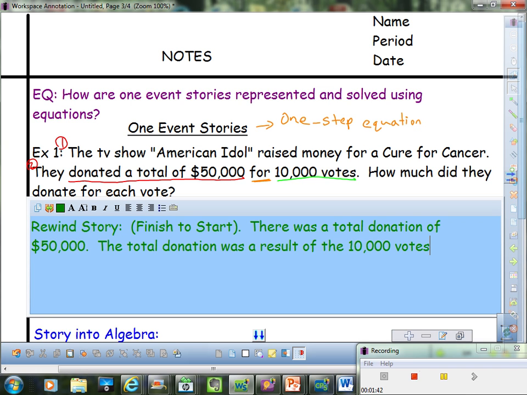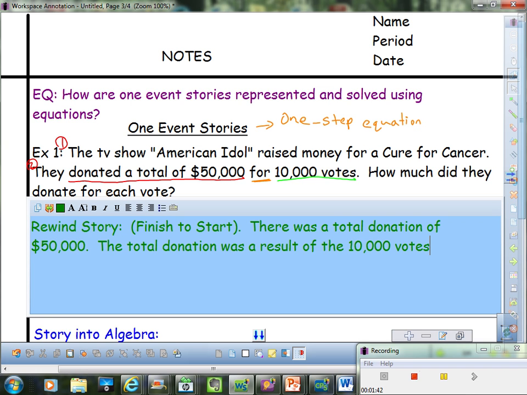Okay. So how does that work though? What's happening? Why was there a total donation because of votes? Like what happened? Okay, let's take that question to the class.